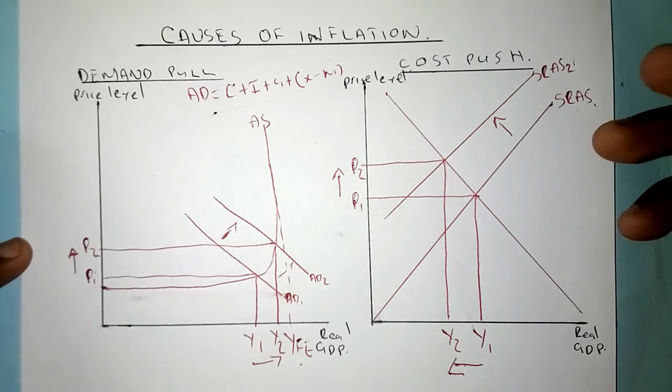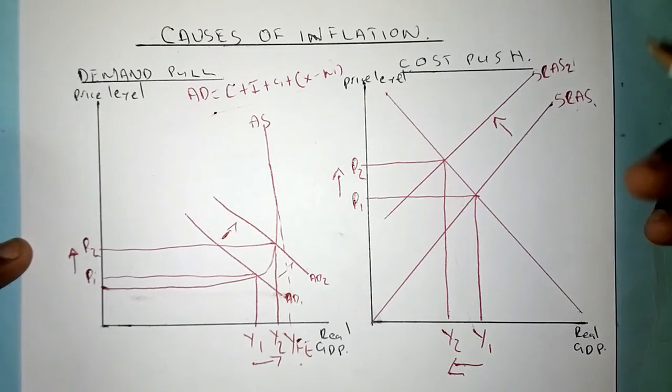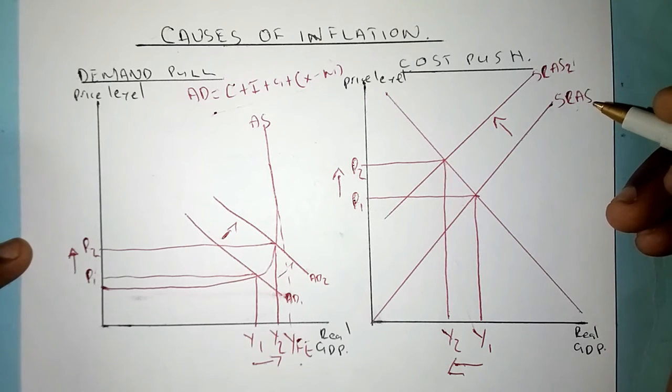Talking about an increase in business taxes like VAT, value added tax, it's also going to shift the short run aggregate supply to the left. Talking about an increase in wages, which are also part of the short run aggregate supply curve. So these are shocks that can happen immediately. Those are some of the causes of cost push inflation.